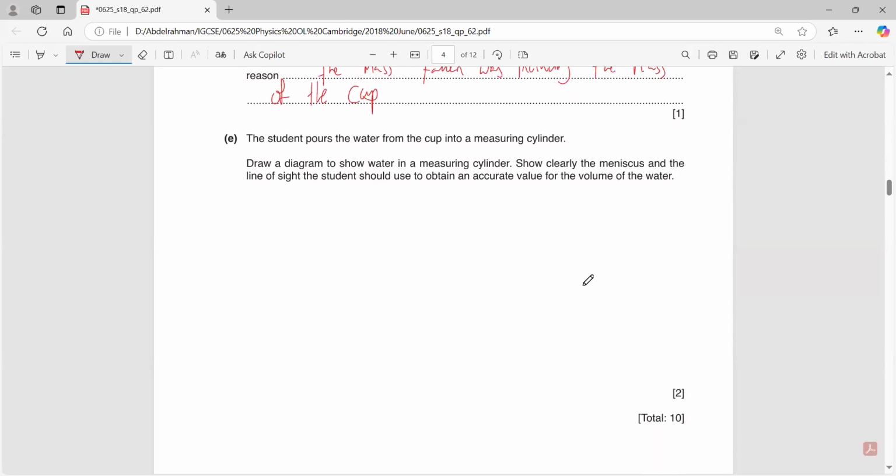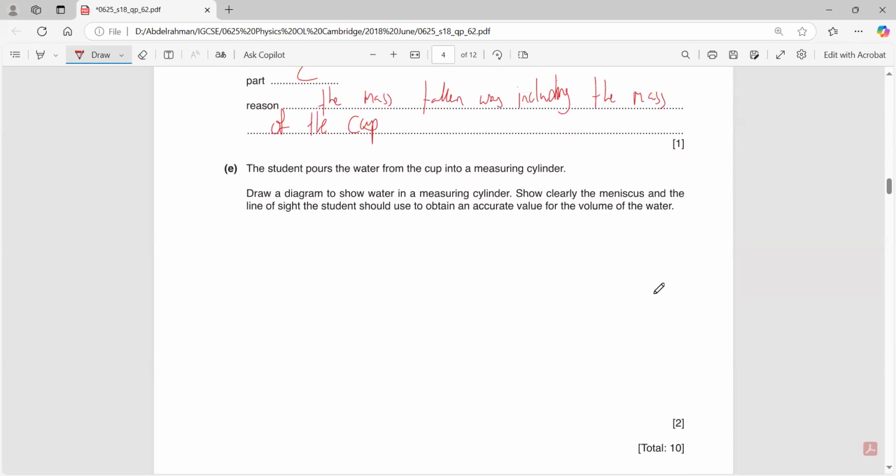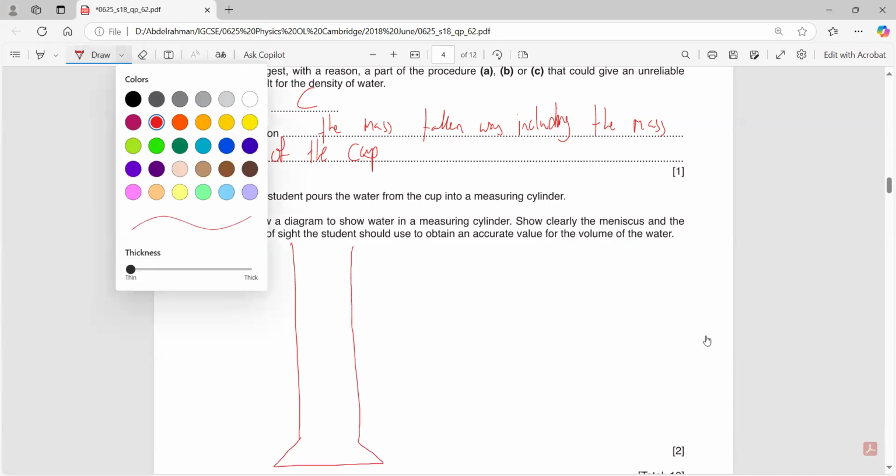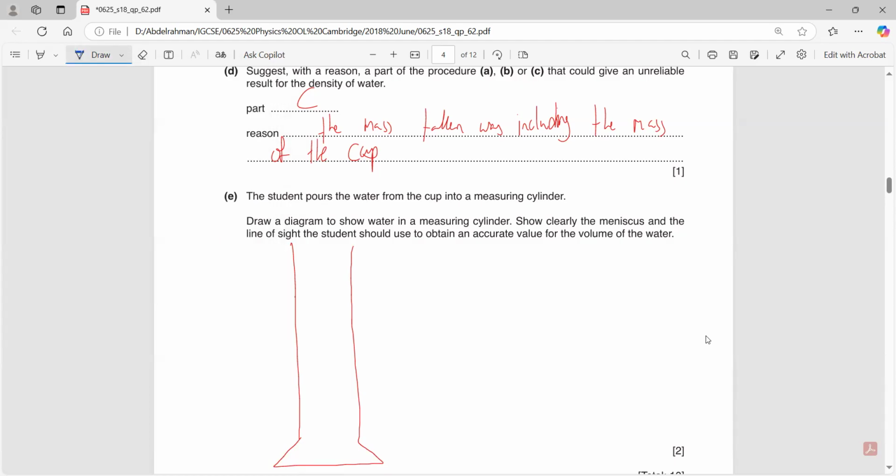The student pours the water from the cup into a measuring cylinder. Draw a diagram to show water in the measuring cylinder. Show clearly the meniscus and the line of sight. Okay, that's easy. This is my measuring cylinder. Inside the measuring cylinder, the water would curve this way, with the meniscus being downwards.